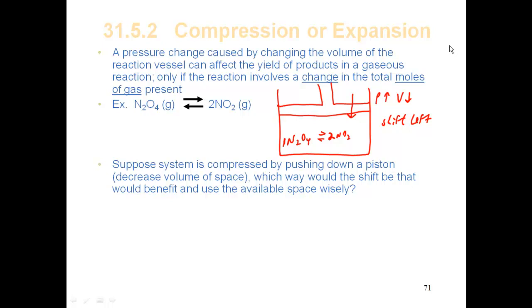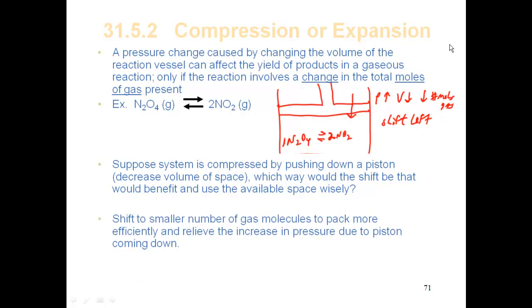Because I'm shifting to a smaller number of moles of gas. Shifting to the smaller number of molecules lets them pack more efficiently and relieves the increase in pressure due to that piston coming down. I have less volume, so I'm going to take advantage of that by going to the smaller number of moles of gas.